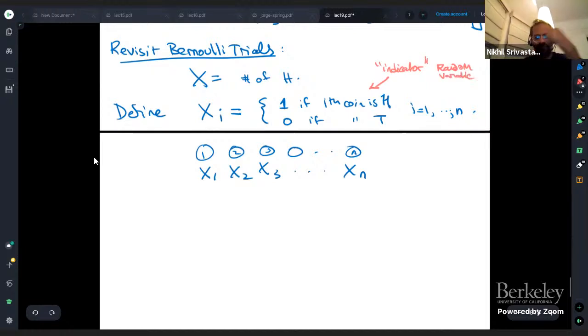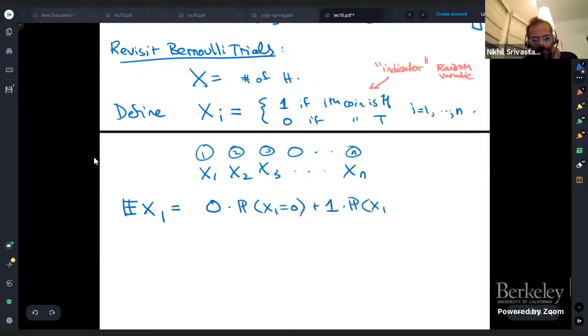So now the nice thing is, what's the expectation of one of these Xi's? What's the expectation of X1? Well, this only depends on the first coin. So it's 0 times the probability that X1 is 0 plus 1 times the probability that X1 is 1.